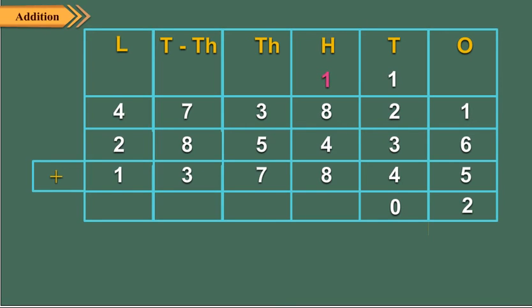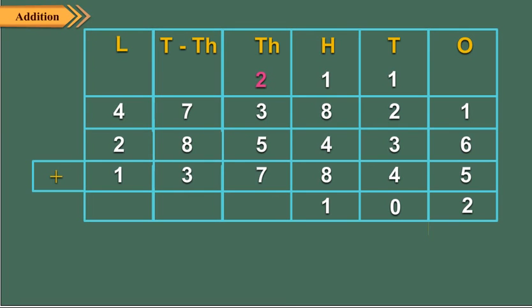Add hundreds. 1 hundred carried plus 8 hundreds plus 4 hundreds plus 8 hundreds is equal to 21 hundreds, which is equal to 2,100. So we write 1 in the hundreds column and carry over 2 to the thousands column.